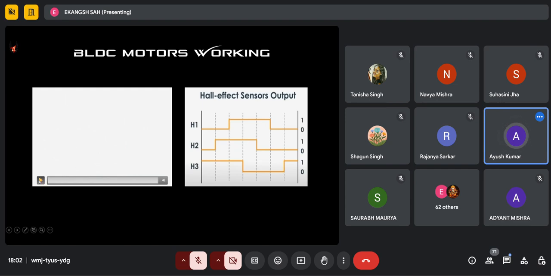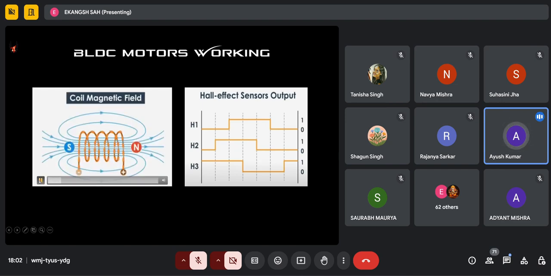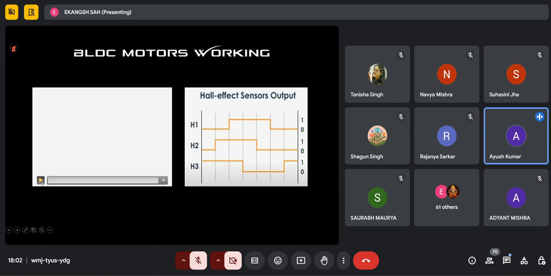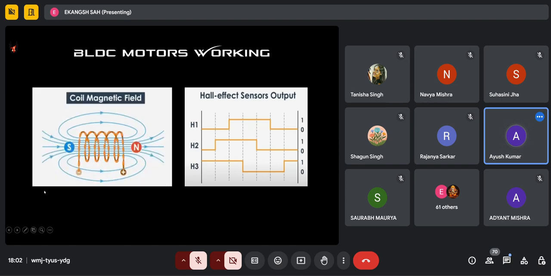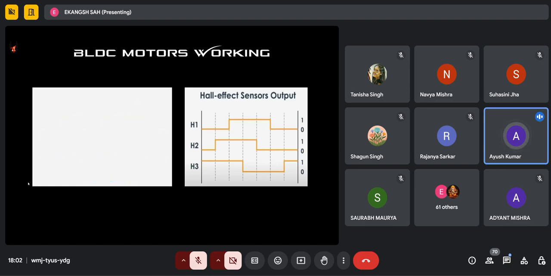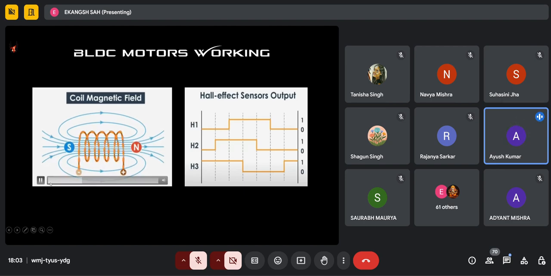For example, if you take the front view from the face of the coil, and in that view the current is flowing in the clockwise direction, then that face acts as the south pole, and if the current is flowing in the anti-clockwise direction, then that face acts as the north pole. Due to this, the attraction and repulsion combination happens, as I discussed in the previous slide. Then on the right side, there is the Hall effect sensor output.